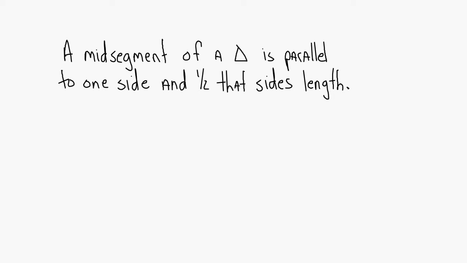A midsegment of a triangle is parallel to one side and 1/2 that side's length.